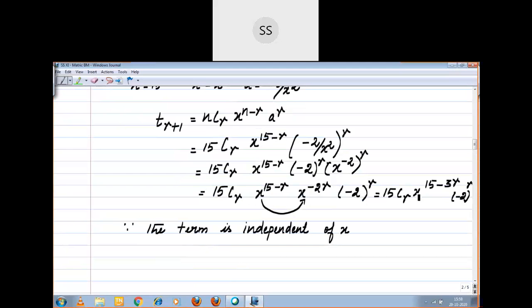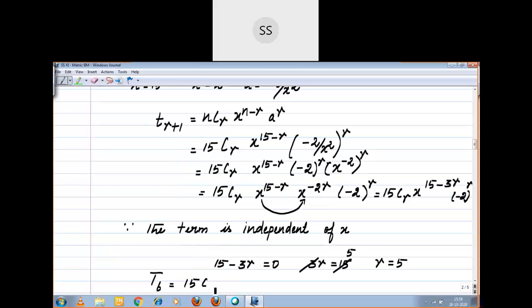The power of x as 0. You are going to equate the power of x to 0. That means 15 minus 3r equal to 0, which implies 3r equal to 15, r equal to 5.